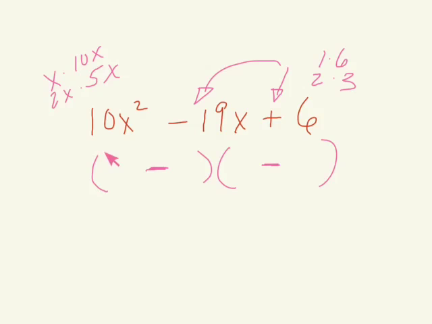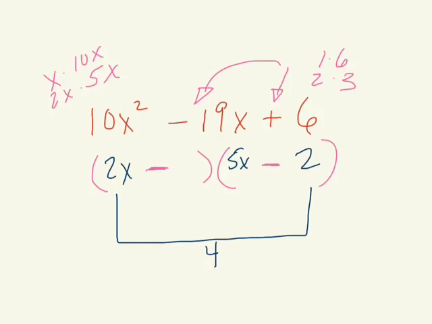So 2x and 5x goes here. We're going to multiply 2x times what we said was 2. That gives you 4x. Actually, it gives you a negative 4x, right? Negative 2 times 2x. We're going to multiply 5x times 3. This gives you a negative 15x.